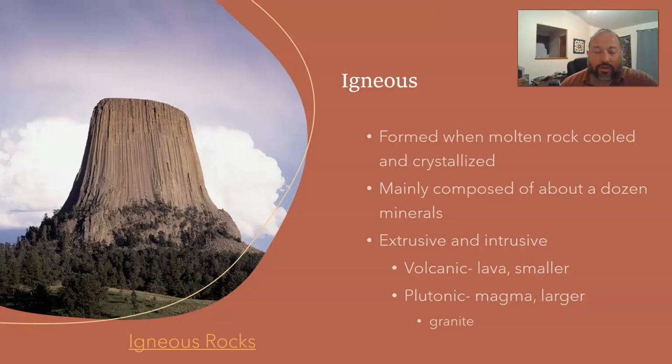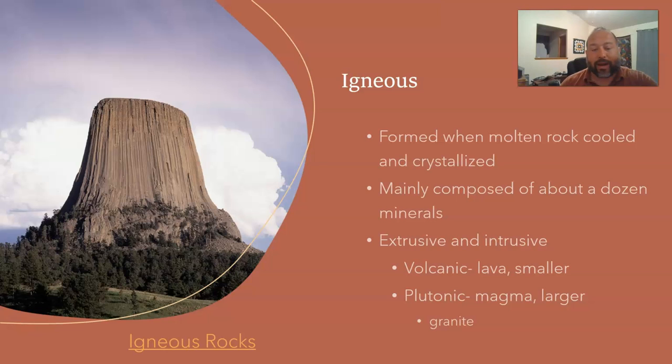So extrusive, or volcanic, igneous rock is formed from lava, because lava is when magma is spewed out. Usually that's going to be smaller igneous rocks, and then you also have plutonic igneous rocks, which are formed from magma under the Earth's surface, and you usually get larger rocks for that.